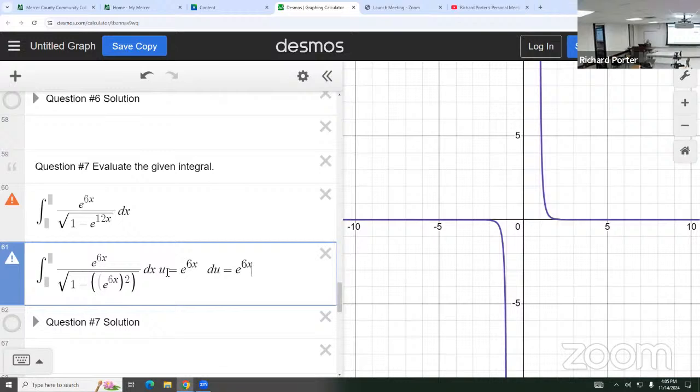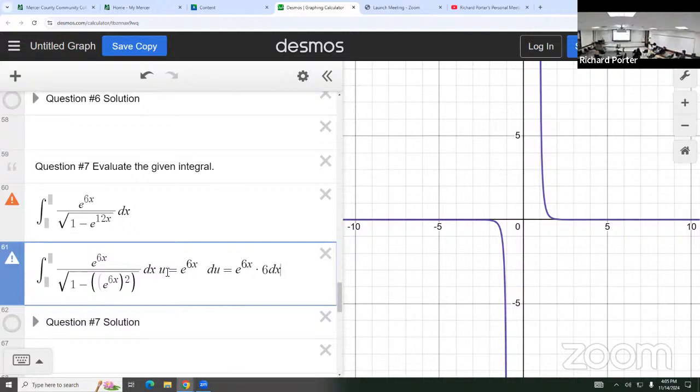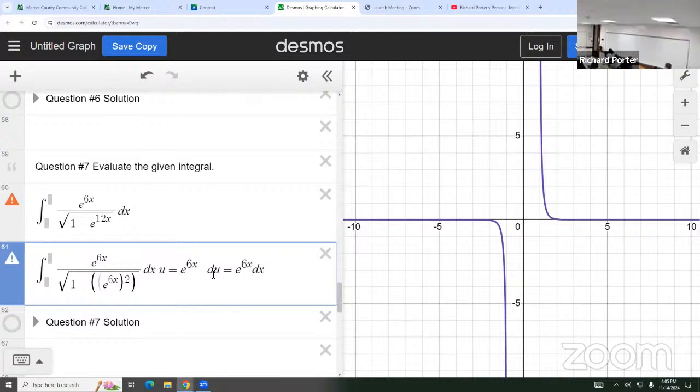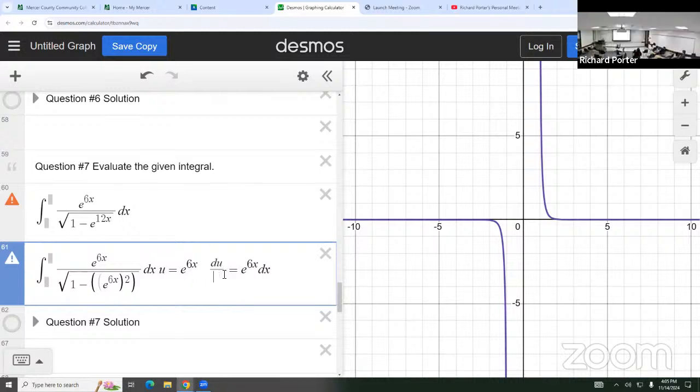Chain rule, you have to take the derivative of 6x, and what do you get? 6. So there's 6 e to the 6x. I just need to get rid of that 6, so I'll take that 6 to the other side. So du over 6 is equal to all this.